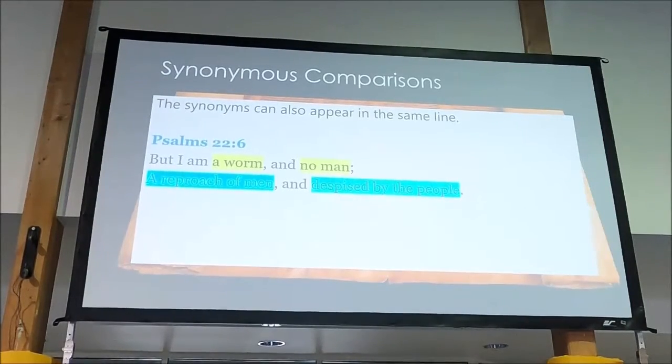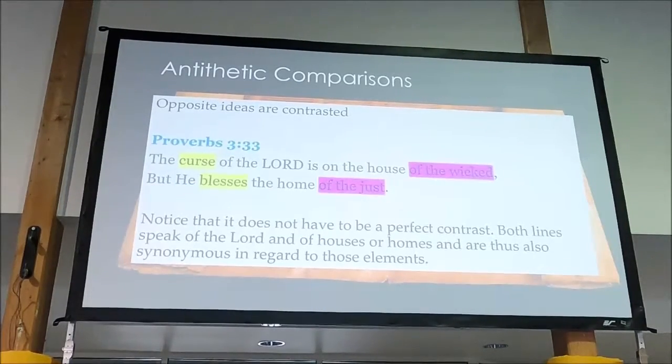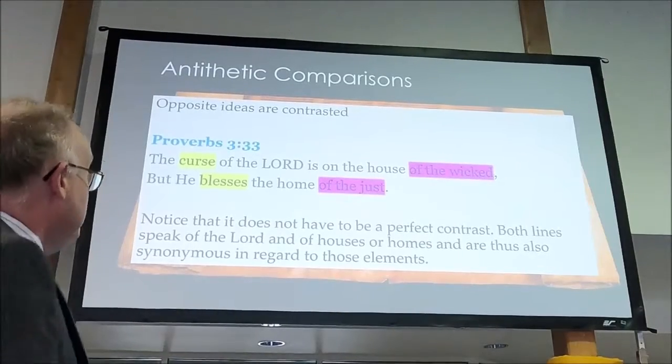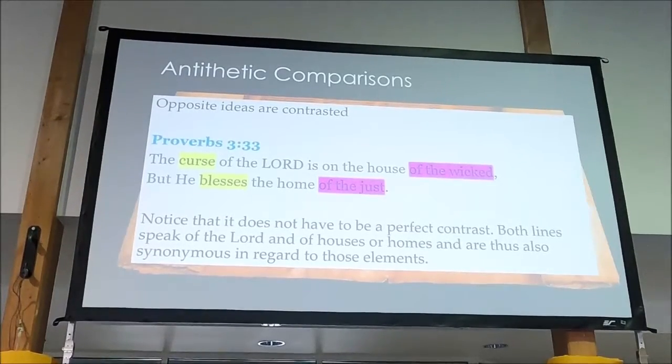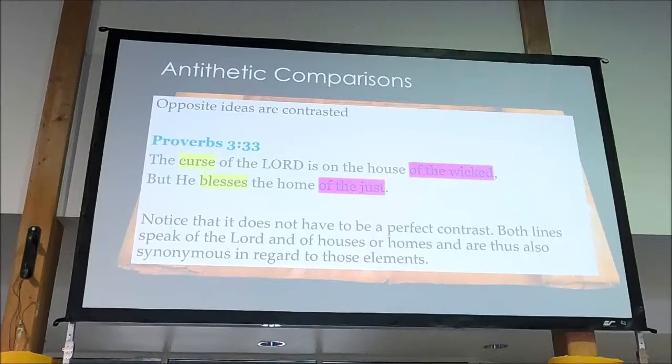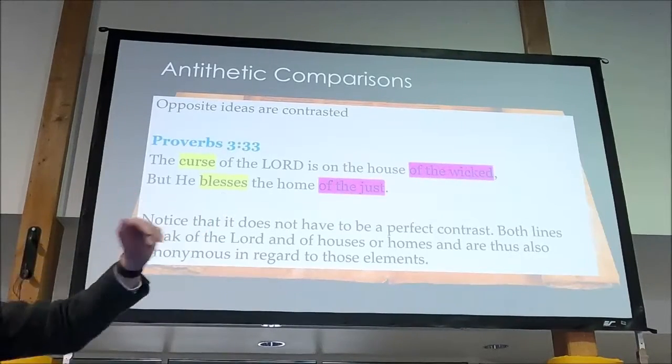Now that seems fairly clear. Okay? It doesn't have to be a perfect contrast. Okay? Both lines speak of the Lord and of houses or homes. So houses and homes are actually synonymous. Okay, but I want to just point out the antithetic.